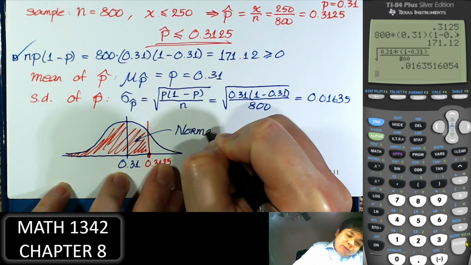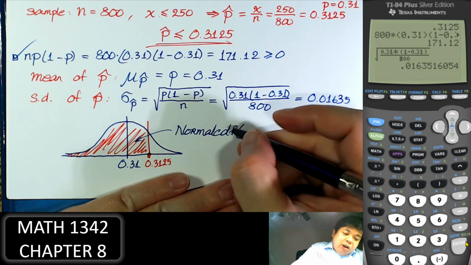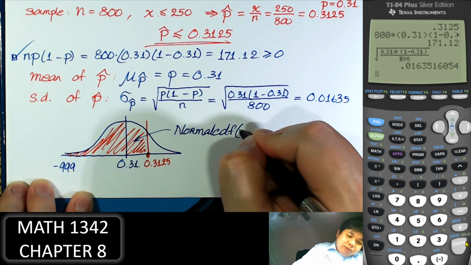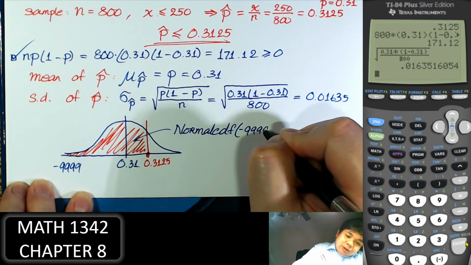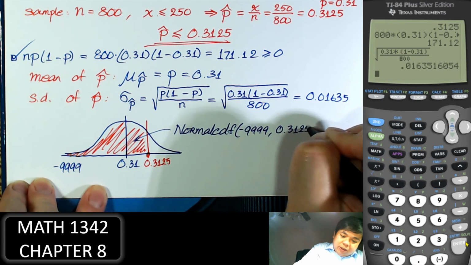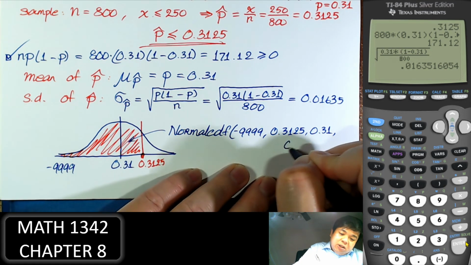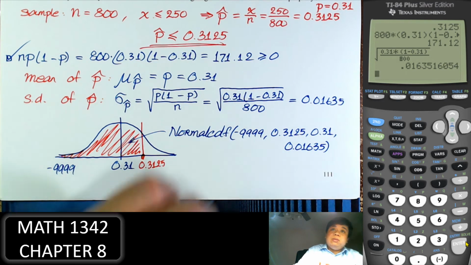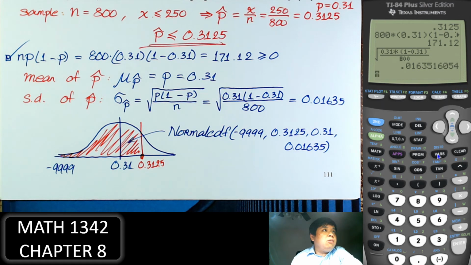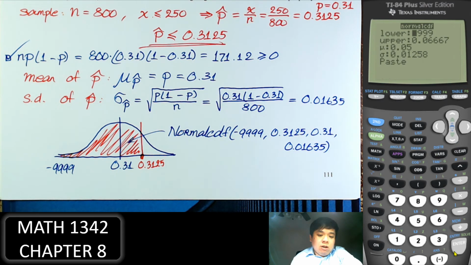So normal CDF from a very small number, negative 9999, to 0.3125, and 0.31 for the mean, and standard deviation 0.01635.